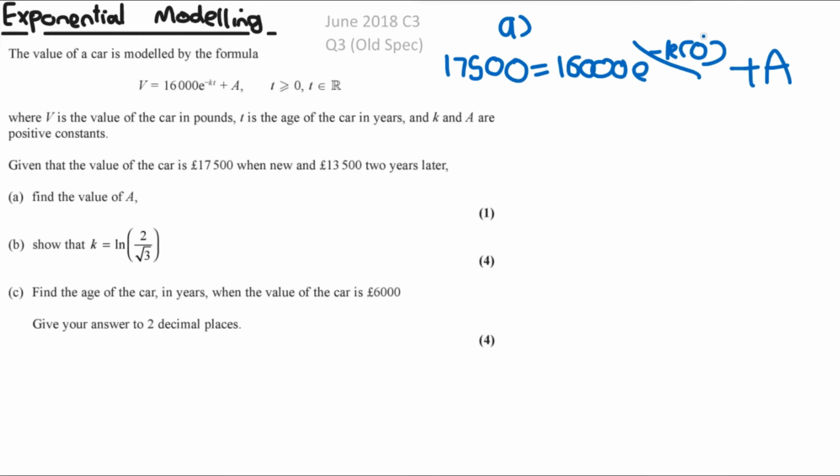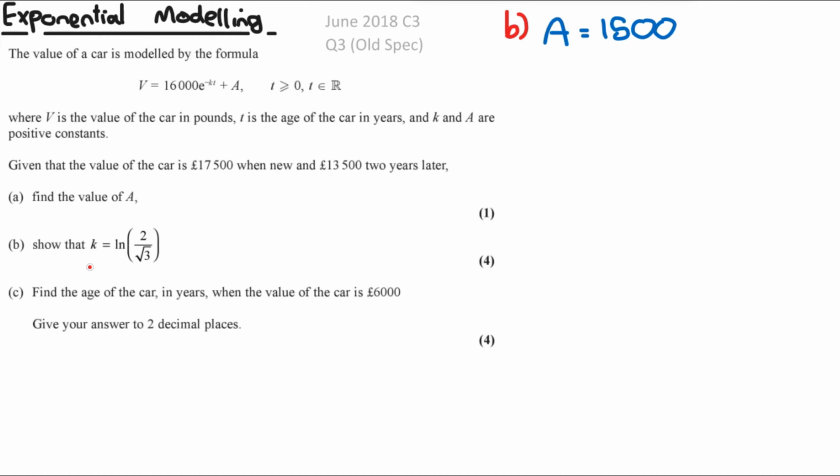Remember that anything to the power of 0 is just 1, so therefore 17,500 is equal to 16,000 plus a. So therefore a is just equal to 1,500.